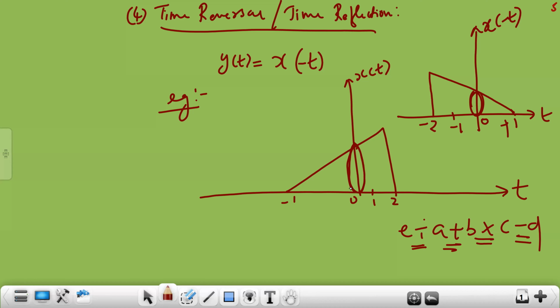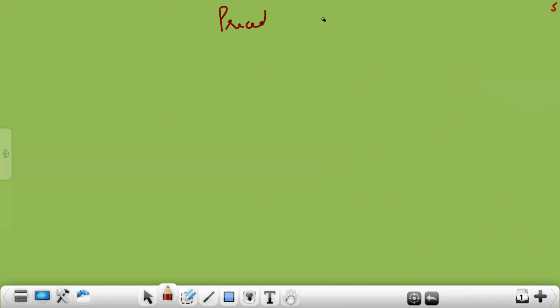Similarly, here also you will have a question where you need to perform all the 4 operations simultaneously. So in that case, you will have a precedence rule. The next topic is the precedence rule. According to this rule, the first priority is given to time reversal.